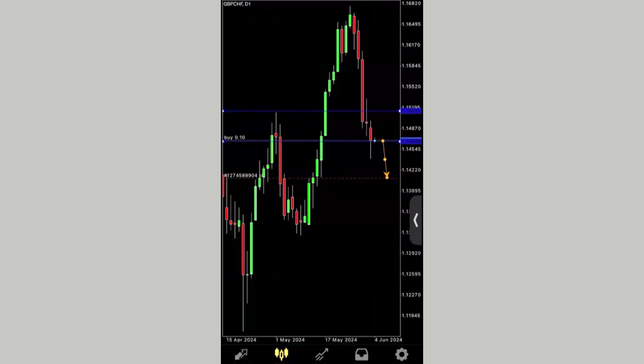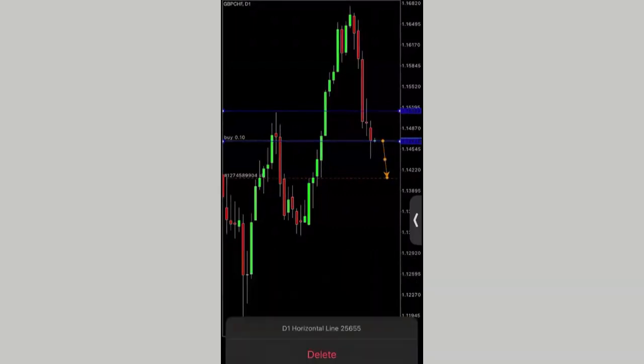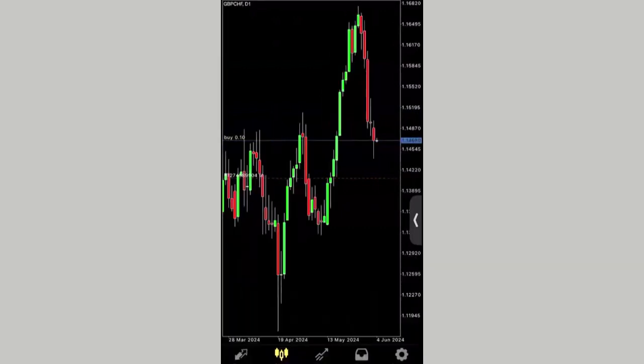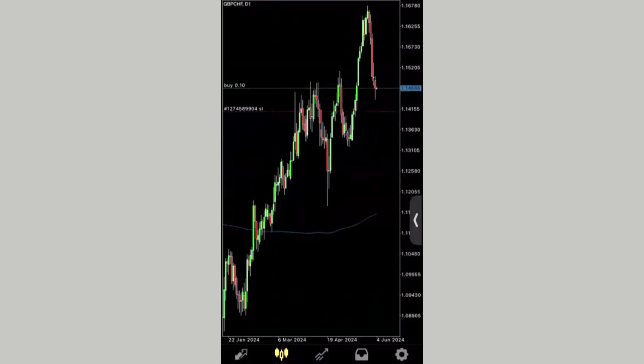Okay, so basically for me, I'm going to delete this. Since we're looking for buys in the market, as you can see, we are in an uptrend.